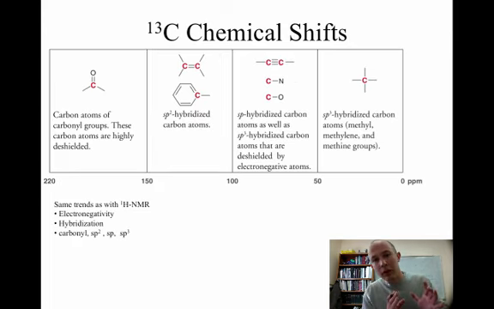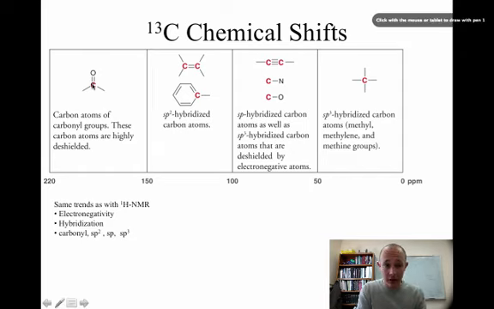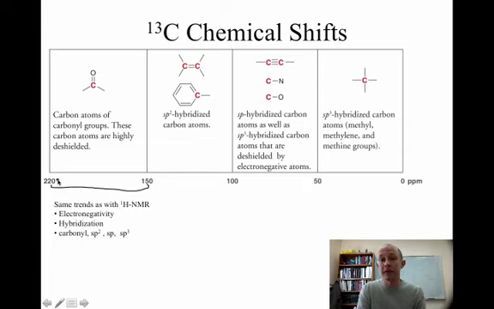Okay, so just like in proton NMR, where we had characteristic regions where we'll see different kinds of hydrogens, same thing happens in carbon NMR. A carbon that's part of a carbon-oxygen double bond, a carbonyl carbon as they're called, is typically going to be seen in this region between 150 and 220.